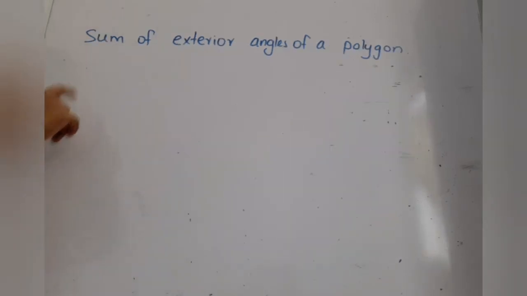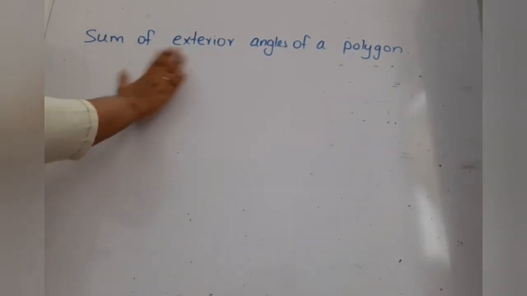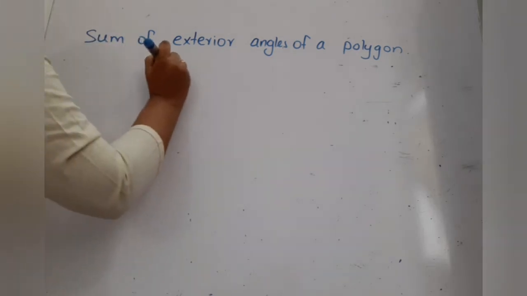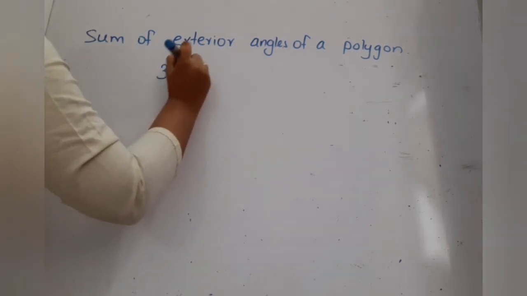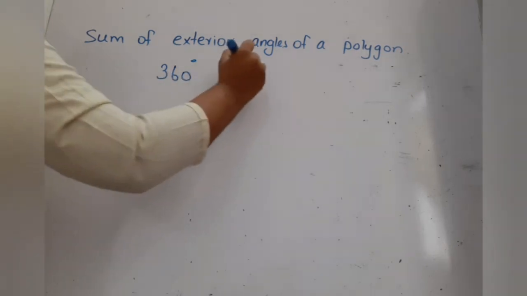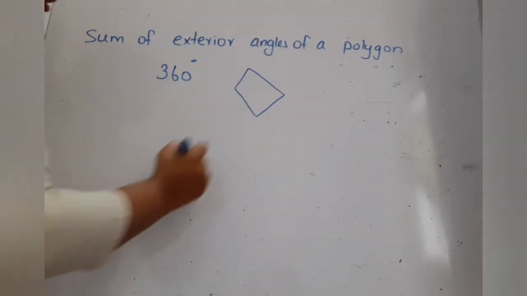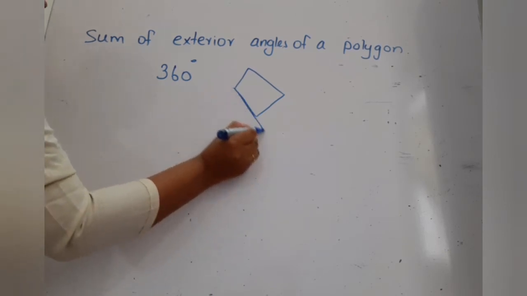The next topic is to find the sum of exterior angles of a polygon. Unlike the interior angles, this is going to be very easy, because whatever the type of polygon it is, the sum of its exterior angles is going to be 360 degrees. Let's take this quadrilateral. What are exterior angles first?